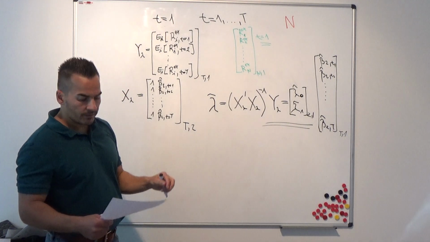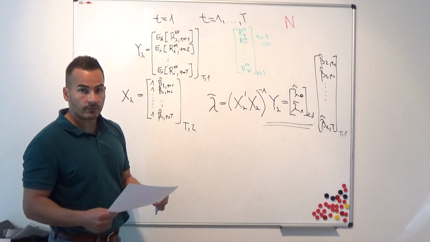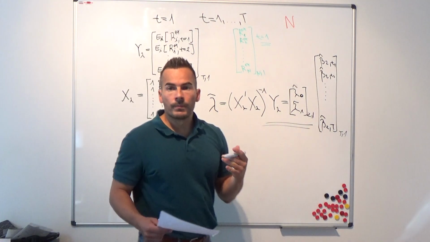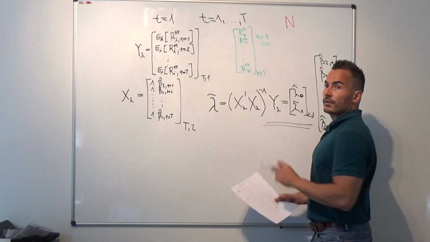This is what we are interested in, in our univariate cross-sectional regressions. So how can we check if this lambda 1 is significant?